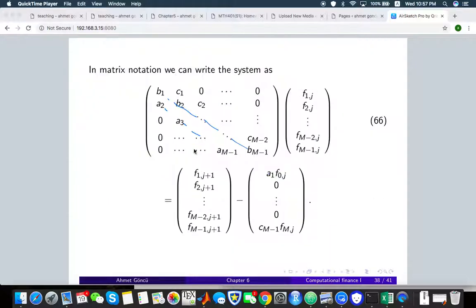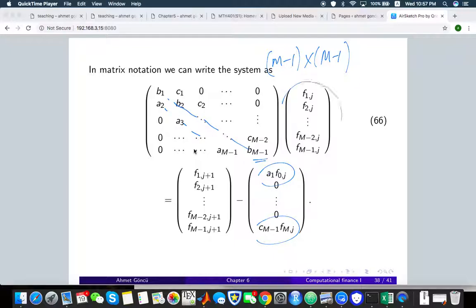So that gives us a matrix of size n minus 1 by n minus 1, because the boundary conditions are not included here. They are added separately to the first and the last equations. So basically, those show up here.